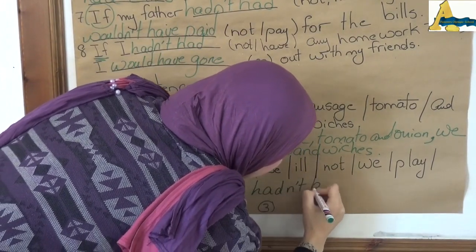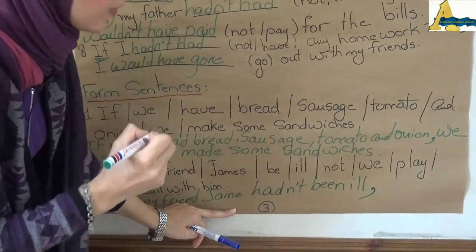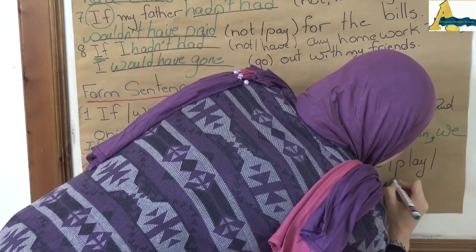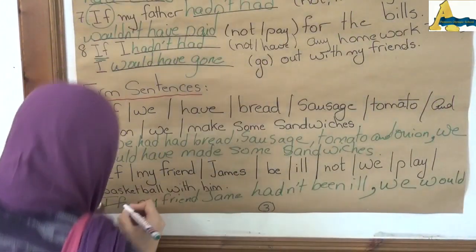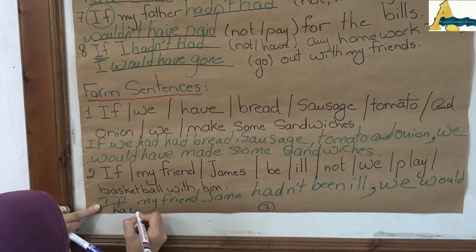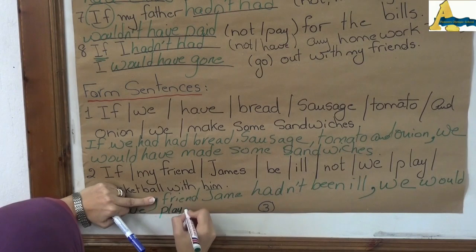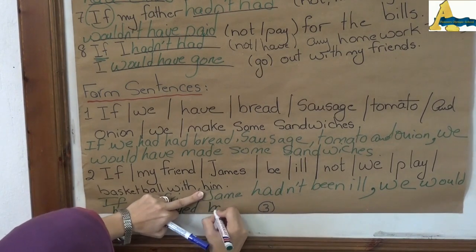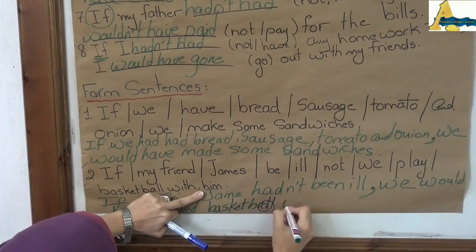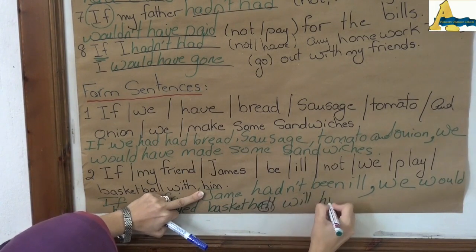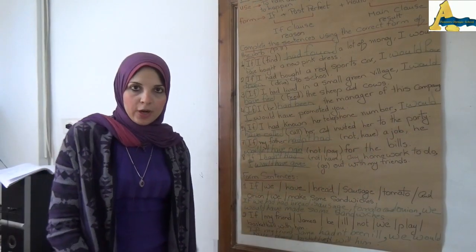Hadn't been ill, comma, to separate the if clause from the main clause, we would have played basketball with him. That's the end of the grammar part.